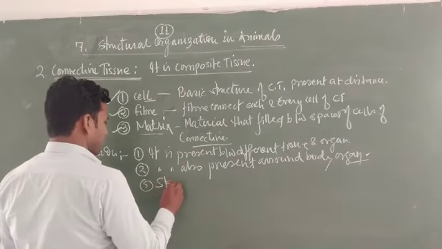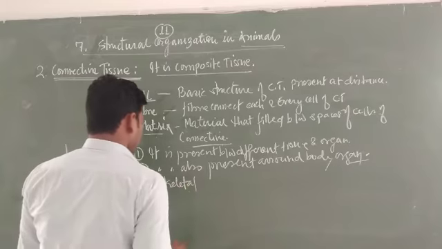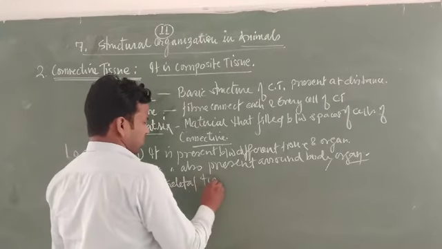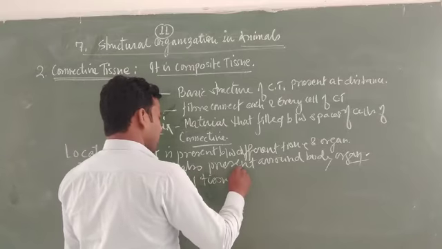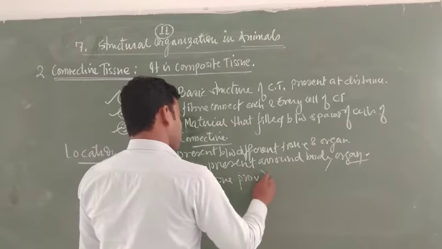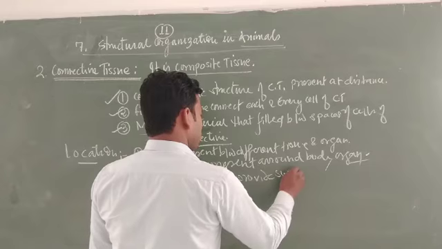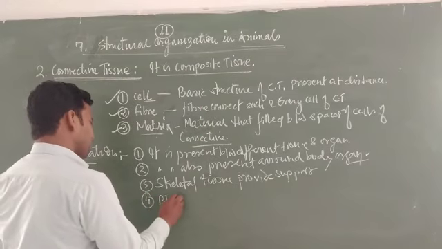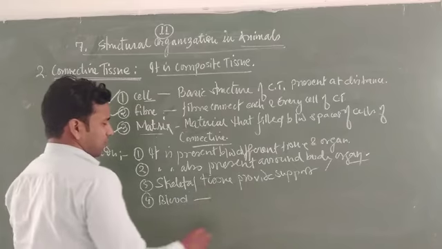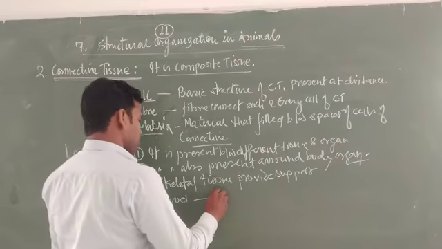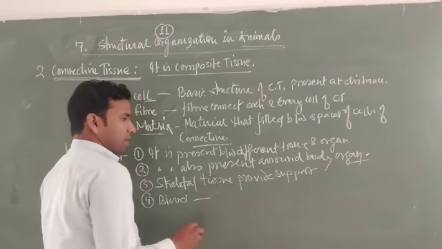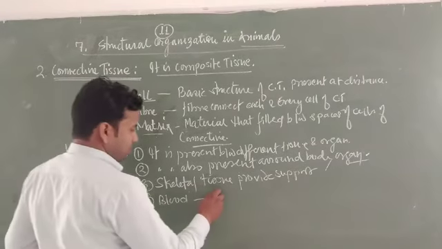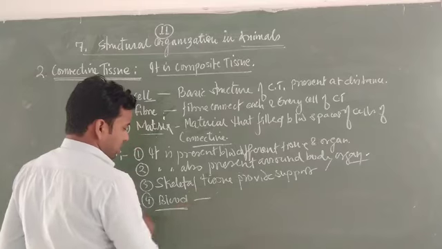If you are talking about the skeletal system, skeletal tissues provide support to the body. And blood is continuously moving and provides important biochemical reactions as well as many features in the body.